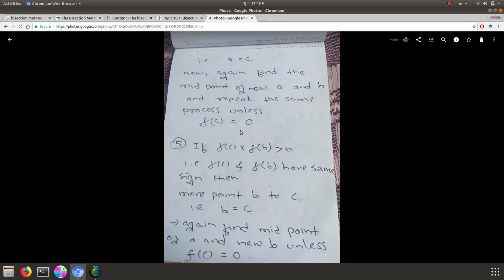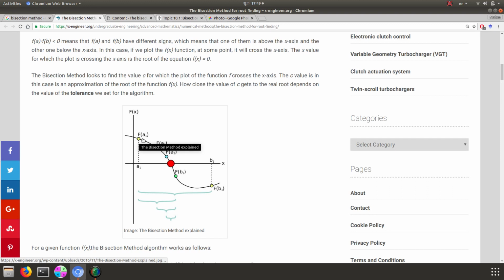So if f of a and f of c have the same sign, then simply a is replaced by c. In other words, the point a is moved to the point where c lies, maybe somewhere in here.